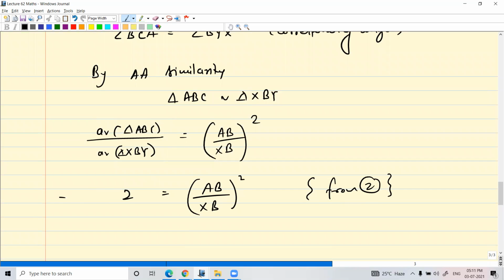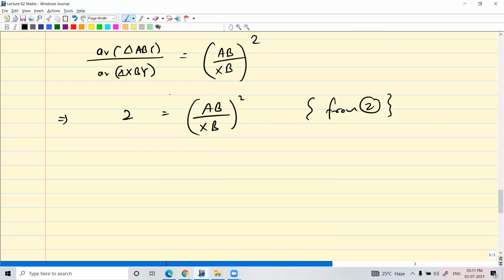Everyone understood what's happening here? Yes, sir. So what will be AB by XB then? Root 2.